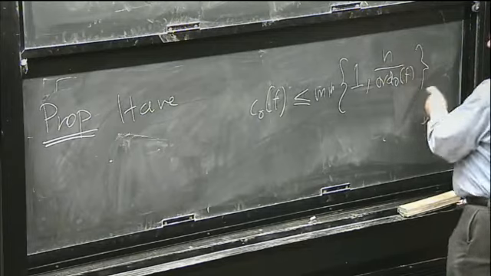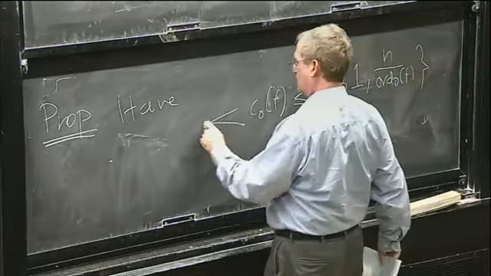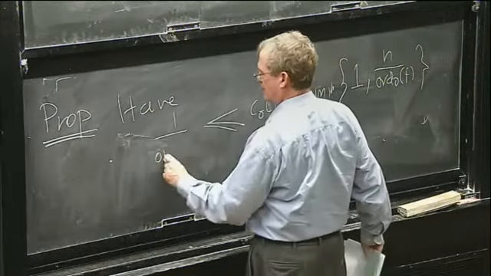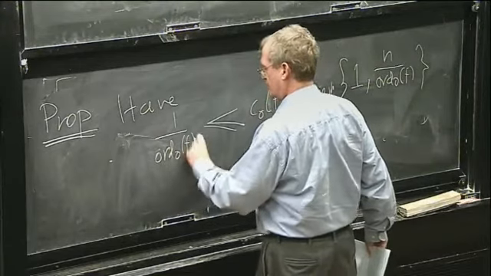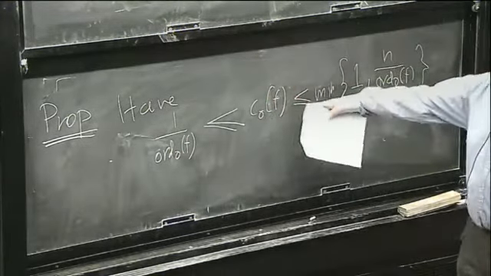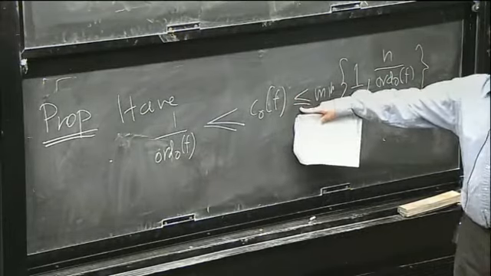And what's a little bit more interesting is that it's always bigger than or equal to 1 over the order of vanishing of f. This is elementary from the algebraic geometric definition, because you just blow up the origin.